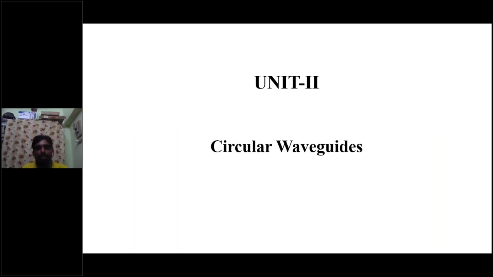Next we move to our second unit, circular waveguide. Once you know the first unit completely, the second unit is very easy. Once you know what we observed up to now in the entire first unit on rectangular waveguides, the same thing we are going to discuss in circular waveguides, but the only difference is the coordinate system.